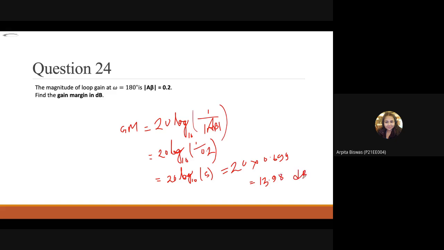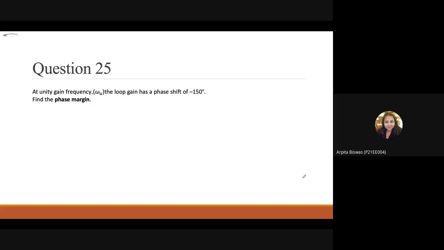Okay, so next question. At unity gain frequency, the loop gain has phase shift of minus 150 degrees. Find out the phase margin.